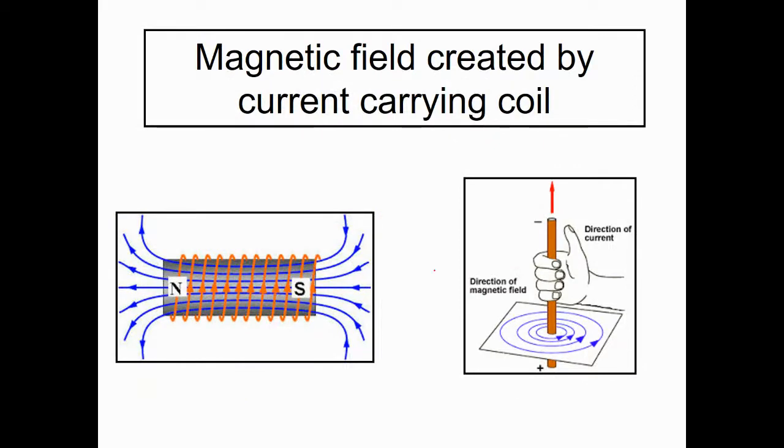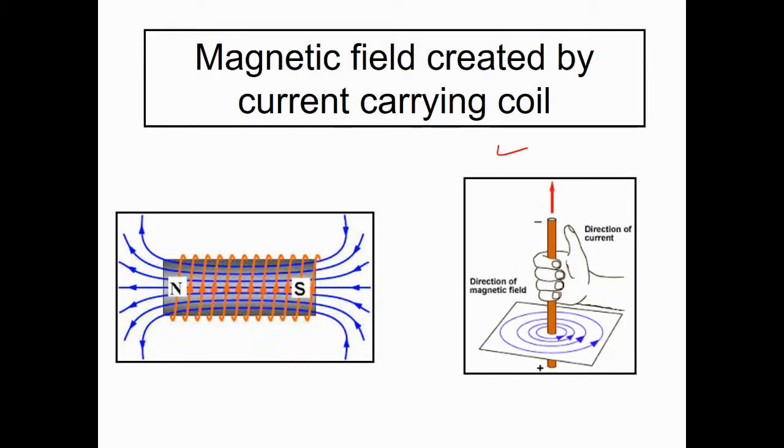Now, for example, if you have a wire, you have to see this picture. This wire is carrying current. So how do we find the direction? You have to use your right hand rule.